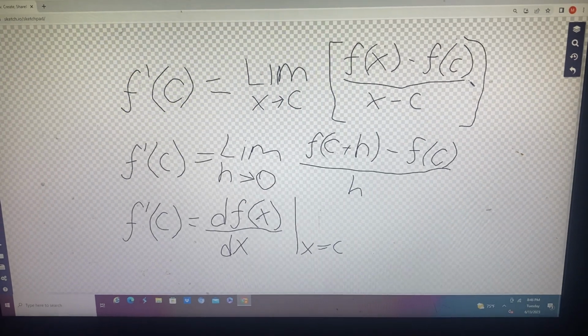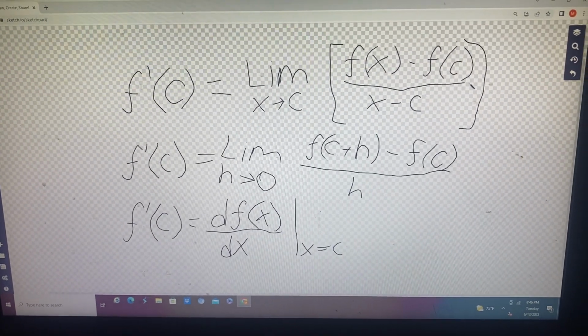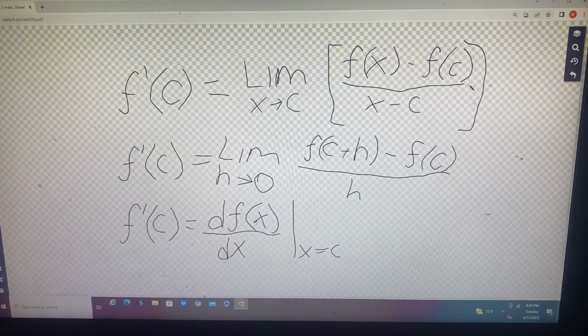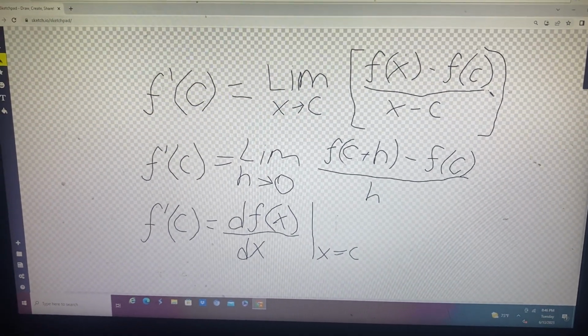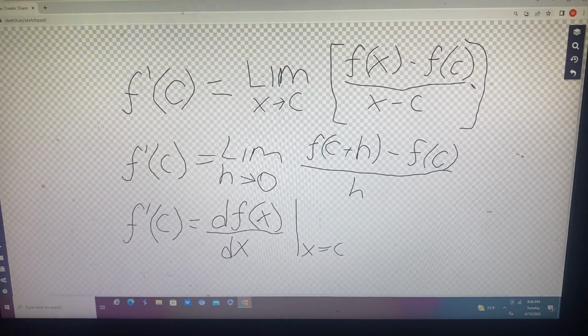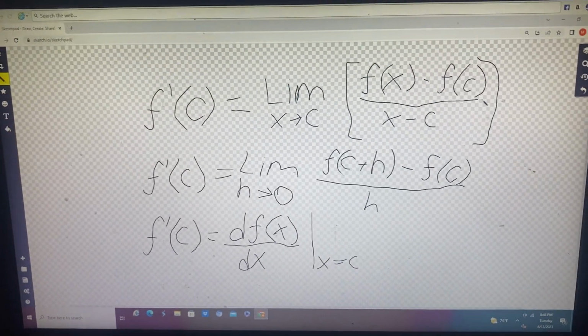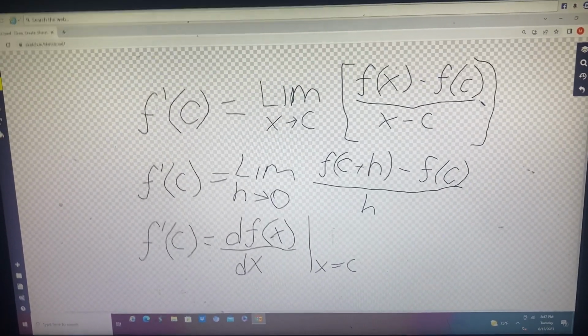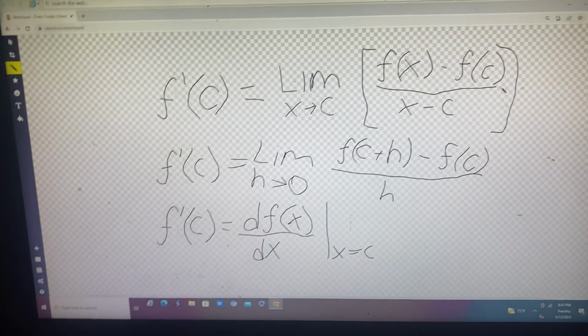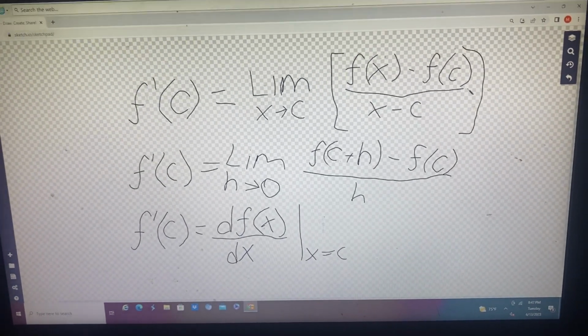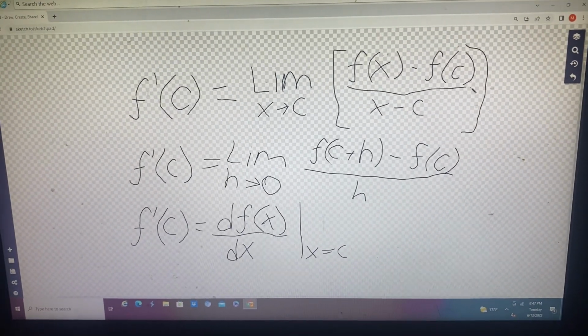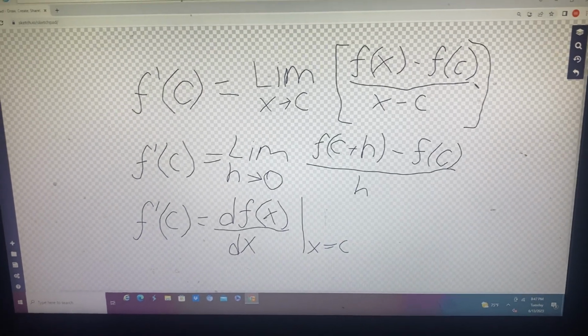So that one's the simplest, and it's the one you'd probably see the most often. But they all represent the same exact thing. They all represent the derivative at a point c. I just think it's interesting to see these wildly different notations for the derivative, especially the top two, where we use two different limiting methods. But again, they're so analogous to each other.